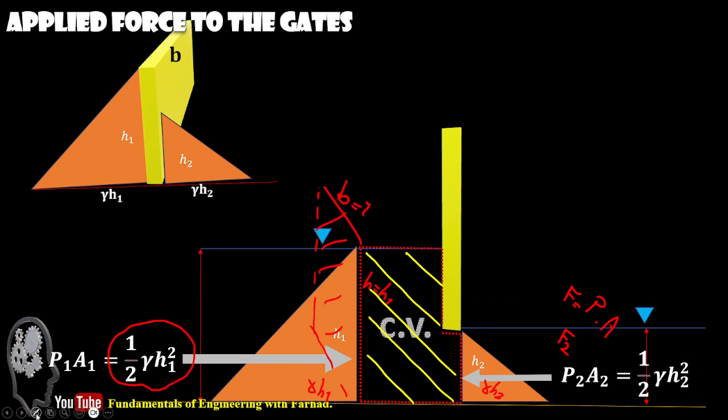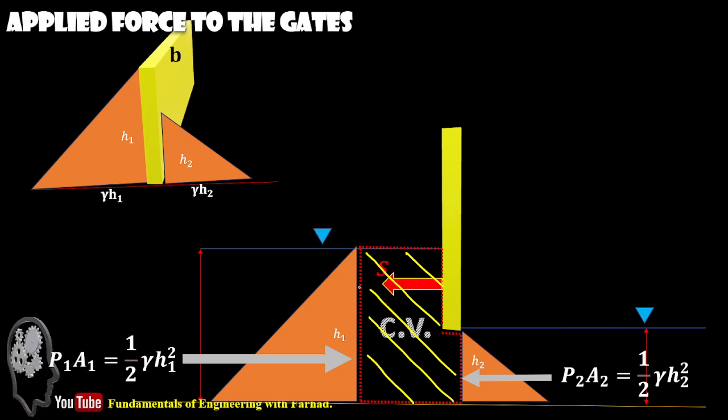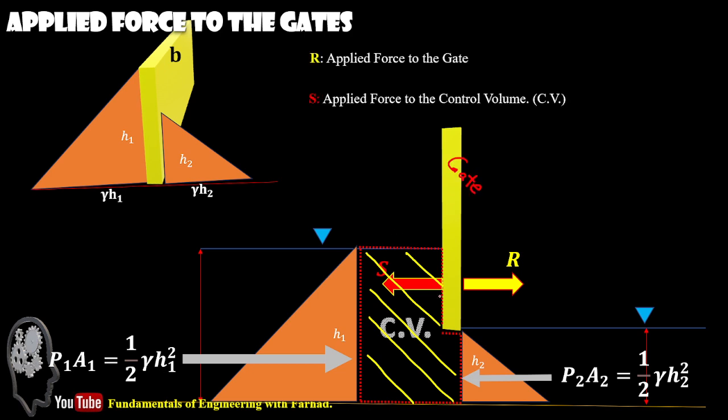And we also have a force S from the gate to the control volume, and based off Newton's second equation, the same amount of force is applied to the gate from our control volume. So we can call R the reaction applied force to the gate from the control volume, which we are looking for. S is the applied force to the control volume, which is here.